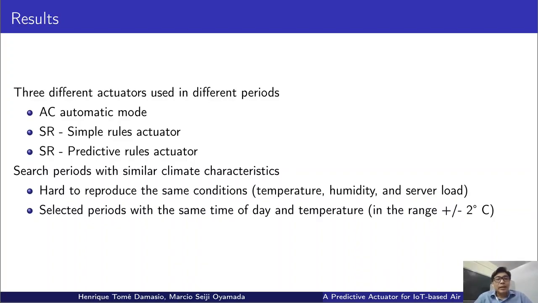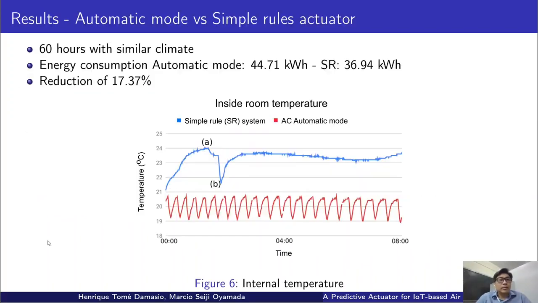So we select periods with the same time of day and a similar external temperature, in the range of plus or minus 2 degrees Celsius. Comparing the automatic mode versus the simple rules actuator, we found 16 hours with similar external temperature, and the observed energy reduction was 17%.